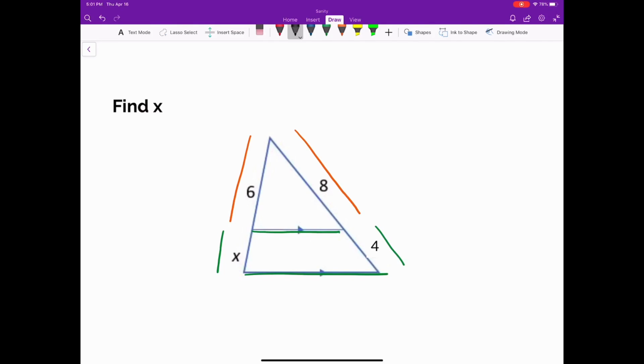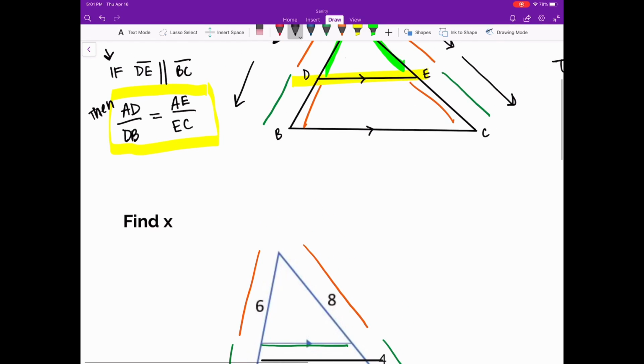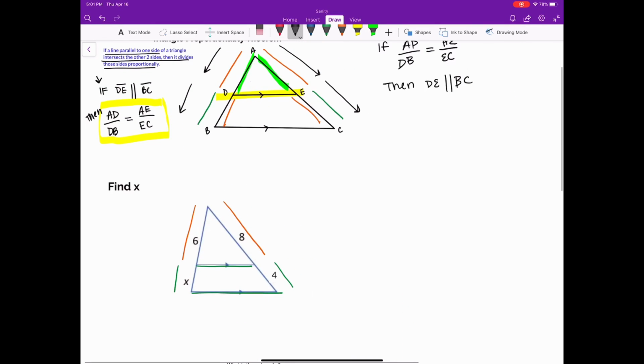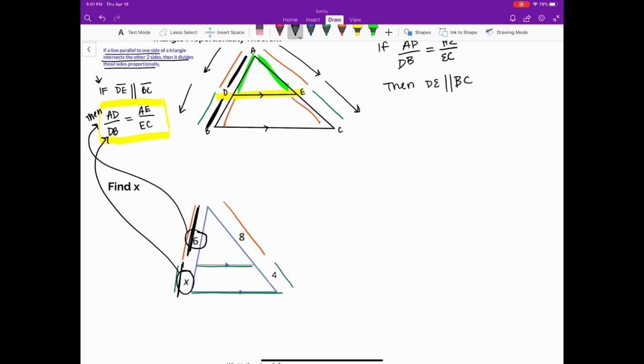So if I kind of follow this right up here, I can plug in these values. This 6 would go in for AD because you see that it's this top length. I'm just kind of following the picture here. And also my x would go in for this bottom one. Again, we're following this picture down here just to make it easy on ourselves.